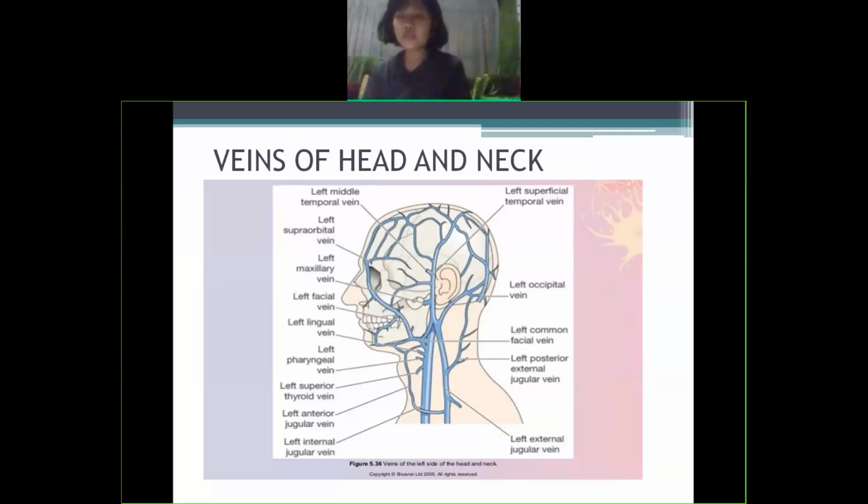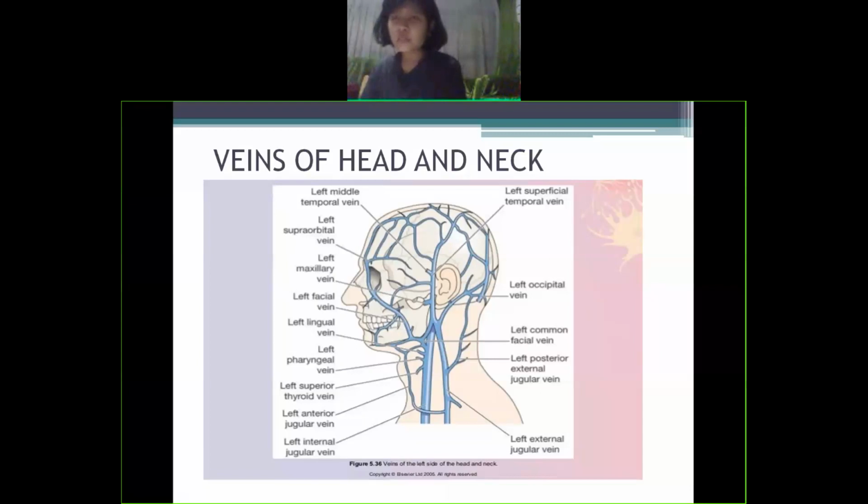Okay, so this is the vein. This is the veins of the head and the neck. So what are the veins that you will find in the head and the neck? What happens in the veins? In the veins, mostly they carry deoxygenated blood. Understand? It is also known as the venous blood.